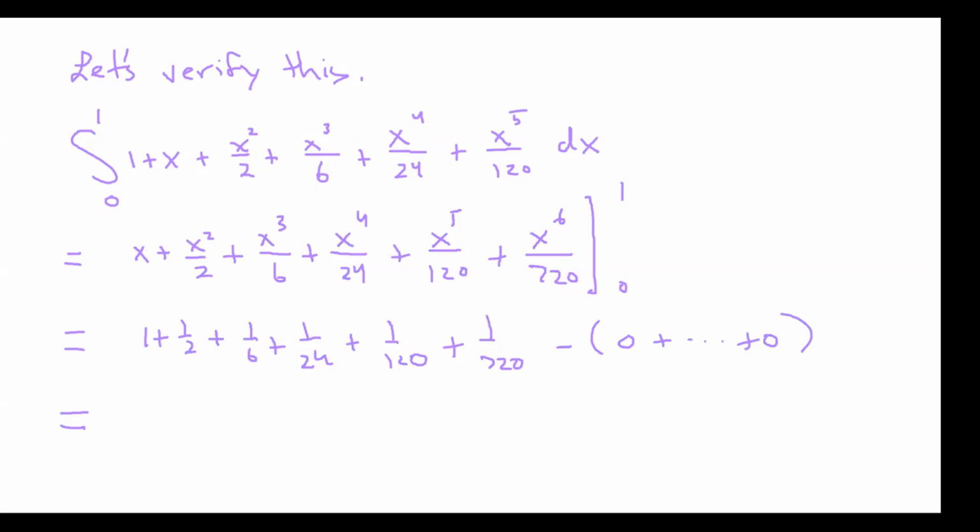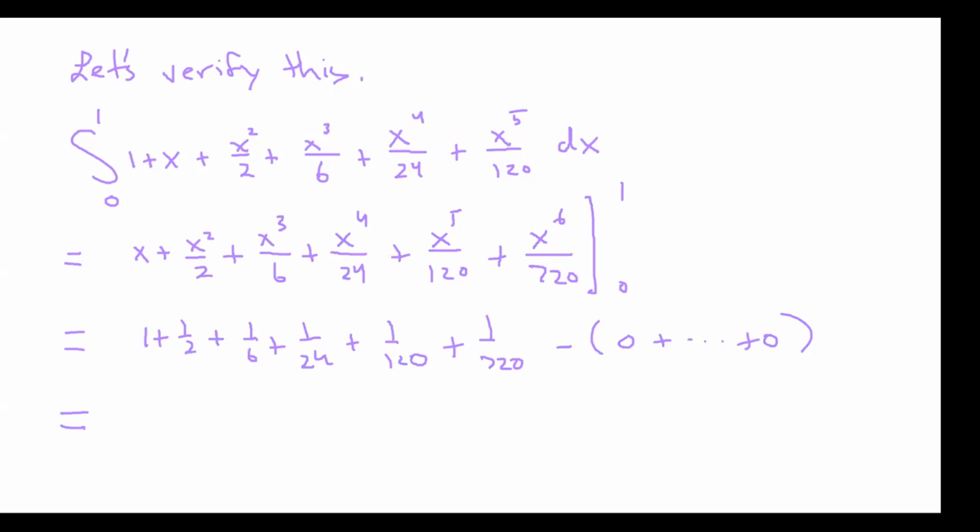So I can now add this up. This is 1 plus a half plus 1/6 plus 1 divided by 24 plus 1 divided by 120 plus 1 divided by 720.